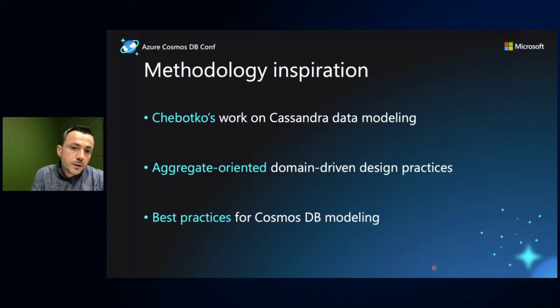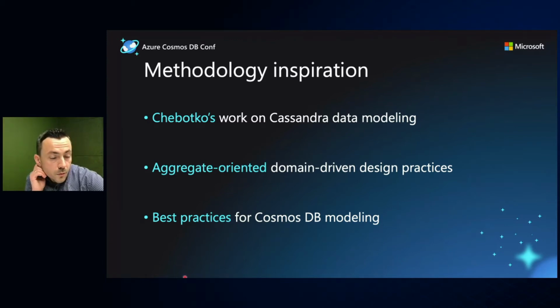As an inspiration for that, I used three main sources. The first one is H. Botko's paper for Cassandra data modeling. This is my favorite one because it really gives a clear methodology, a clear list of steps for how to go from the application workflow and conceptual data model to the actual physical data model on Cassandra.